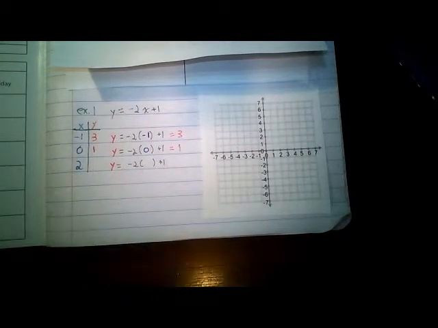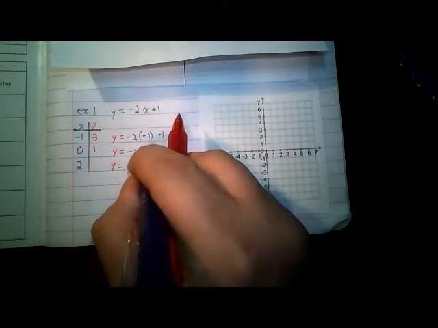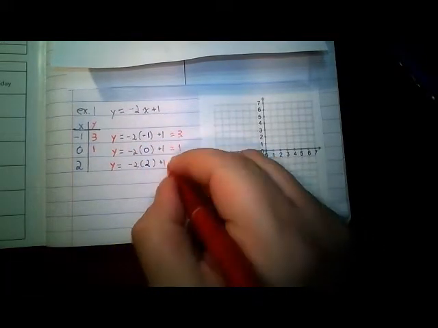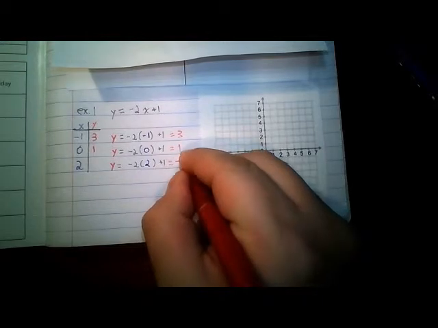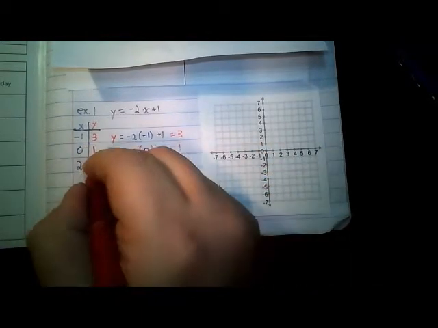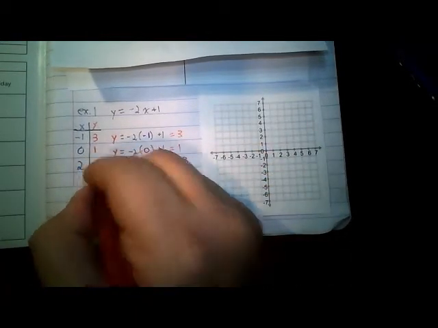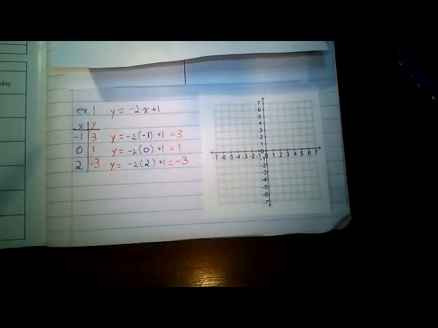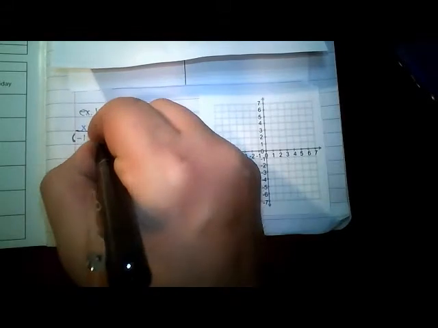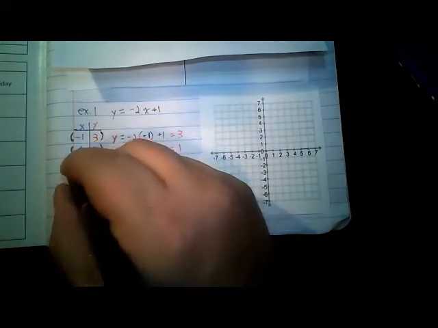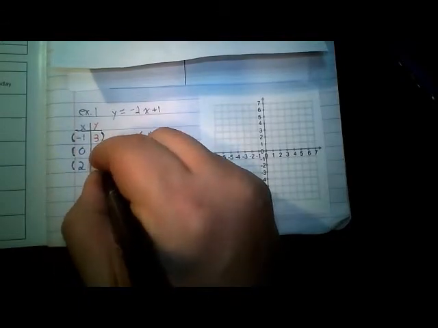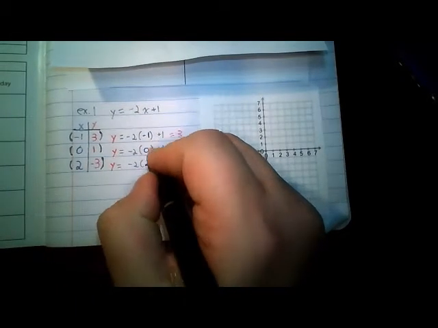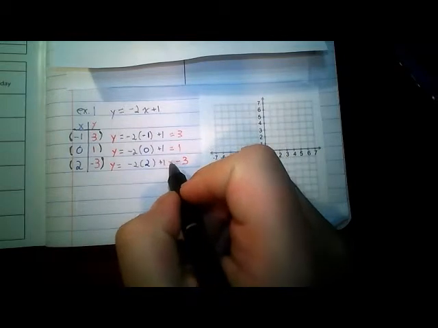Negative 2 times positive 2 is negative 4, plus 1 is negative 3. And now I have my xy pairs. Remember I said when we did the definitions that these pairs are related. And they're related because of these equations. That's how we show the relationship.